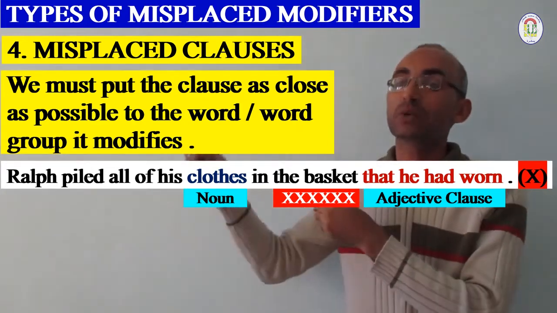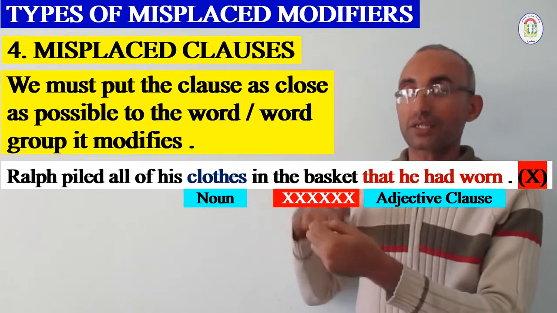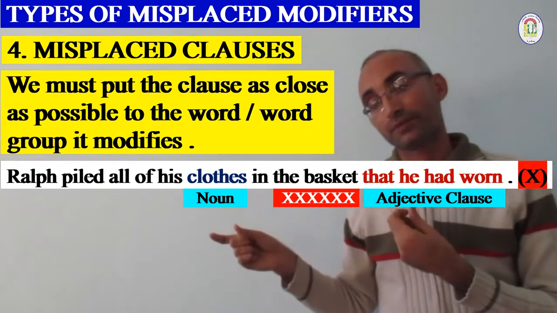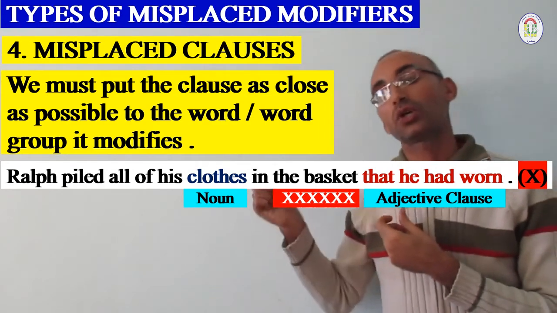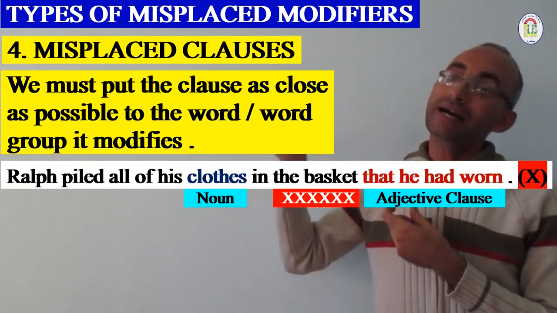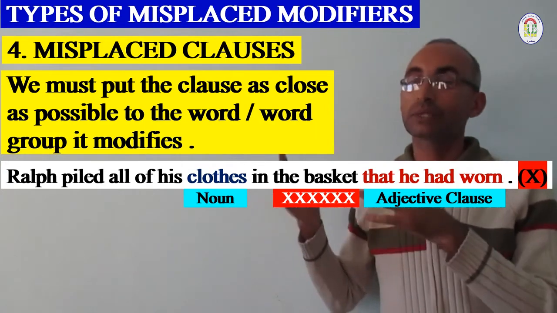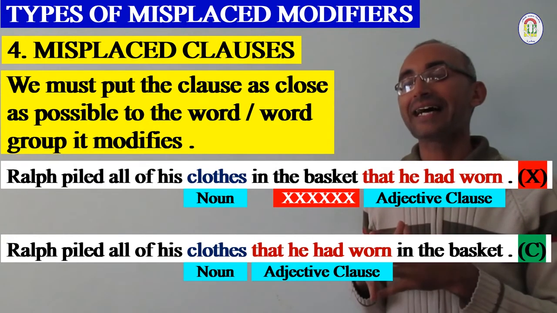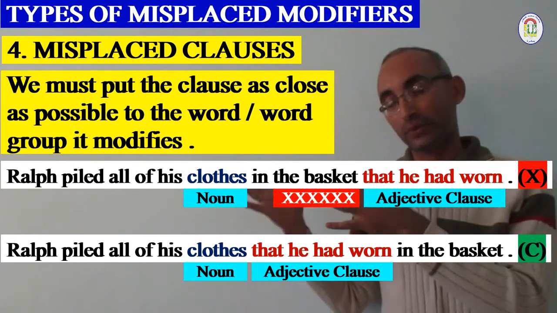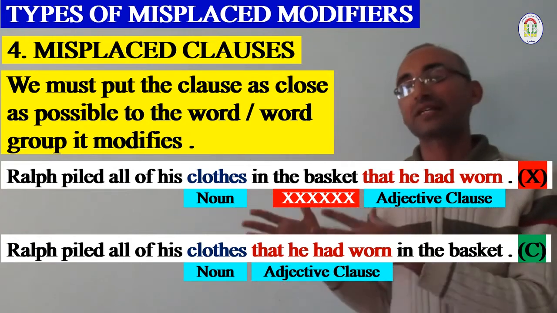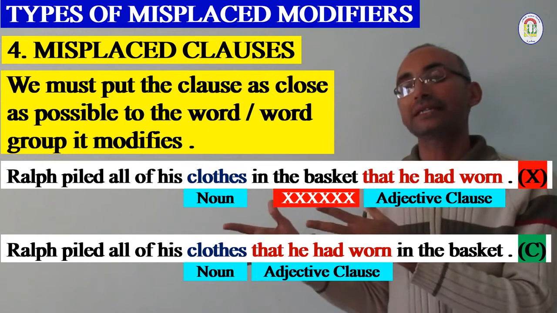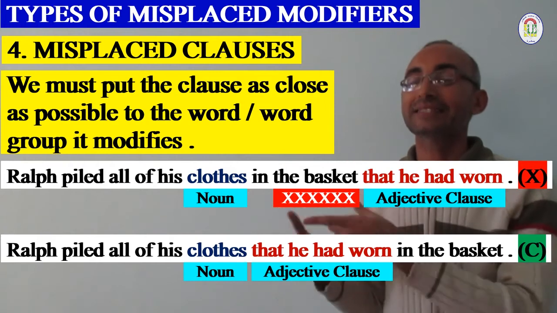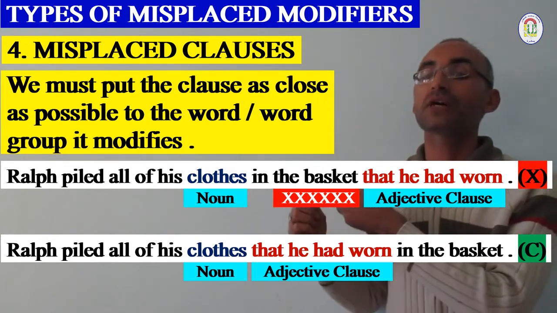Normally it modifies clothes. He wears what? Clothes, not a basket. So we correct it by placing my adjective clause directly after the noun it modifies, and we write, Ralph piled all of his clothes that he had worn in the basket. Now my clause is in the right position, right after the noun it modifies and refers to.